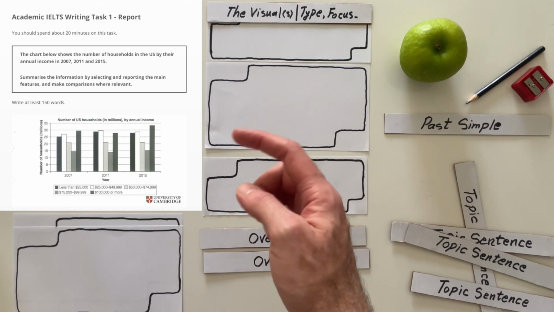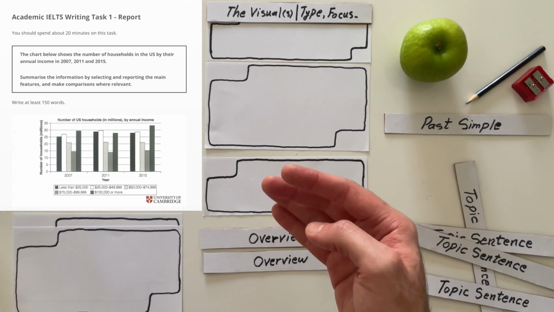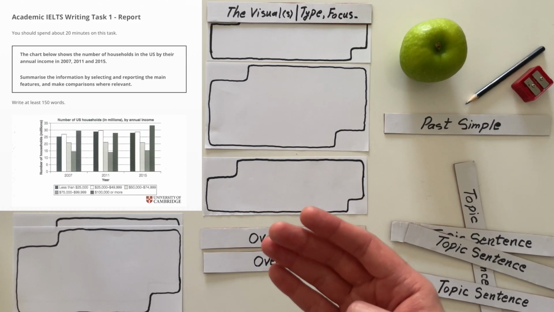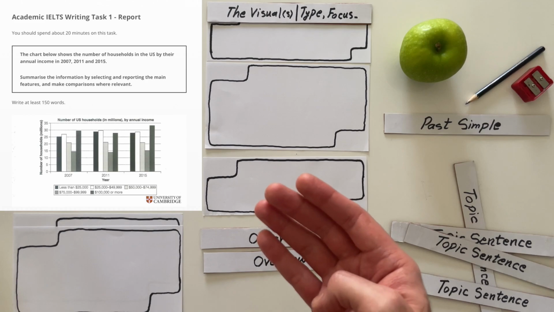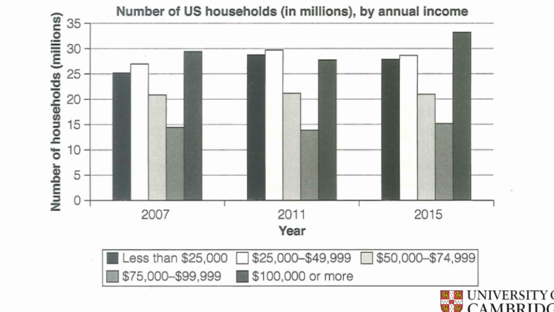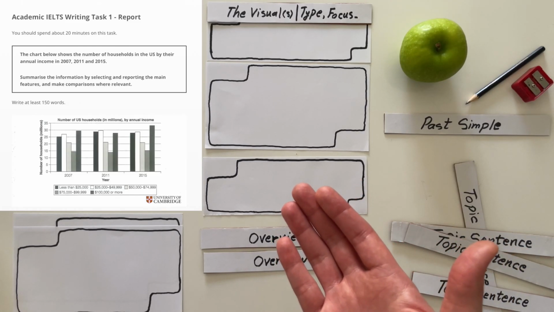Why? Look at the bar charts. Look how boring they are. Look at the similarities here. You can see the middle one, 50 to 75 grand, remained almost unchanged. Look at the lowest one.